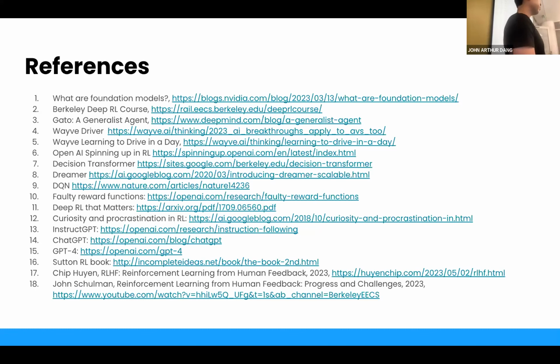And I guess the third would just be data and scale matter in RL in the same way that it matters in supervised learning. So scaling up the data you have for reward modeling and the number of parameters for your models does improve things. It does improve things in things like decision transformers. So the scaling that we see in supervised learning working really well is also really important in RL. So I think maybe those are 3 big takeaways.